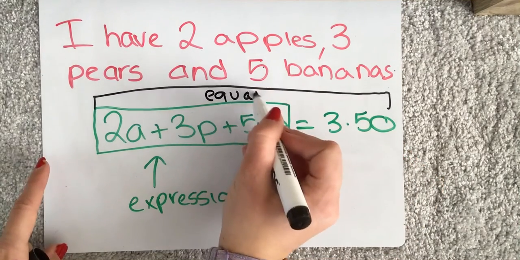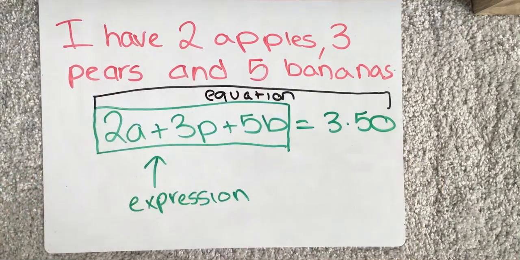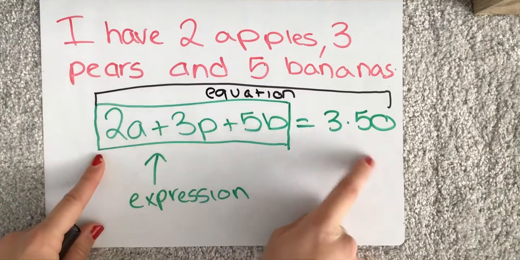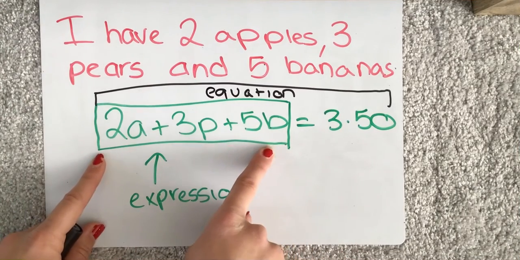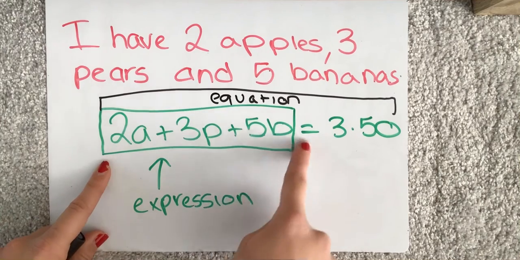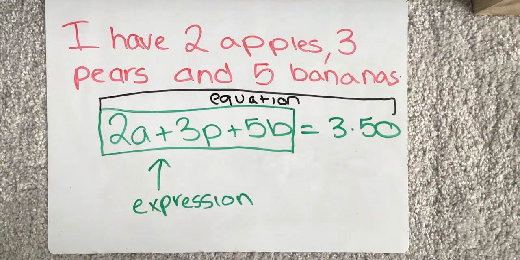With this, you would have to try and work out the different costs of things. While it's quite simple as an expression, as soon as you make it an equation, this is quite a hard equation, and definitely something you wouldn't do until you're really at the top end of GCSE, if not even A level. And you need more parts to it.